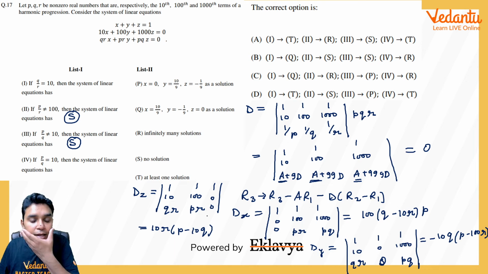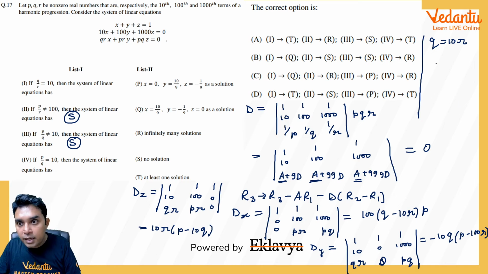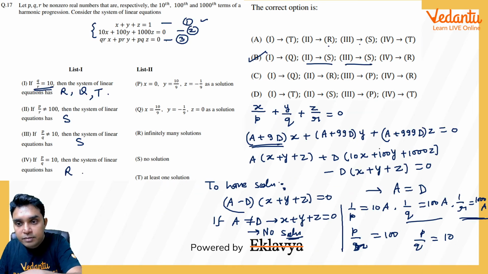In fact, it can be proved that if any one of them is true, like if Q is equal to 10R, you will be able to prove that all the others hold, P will be equal to 100R, because PQR are the 10th, 100th and 1000th terms of the HP, the way I did in our previous method.